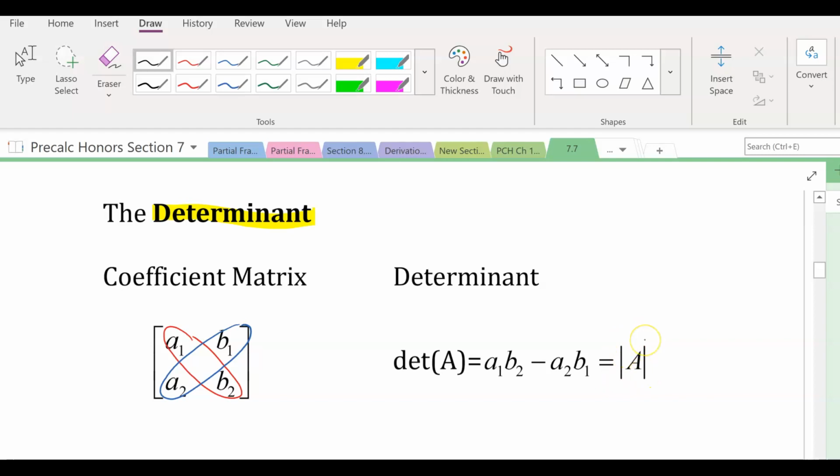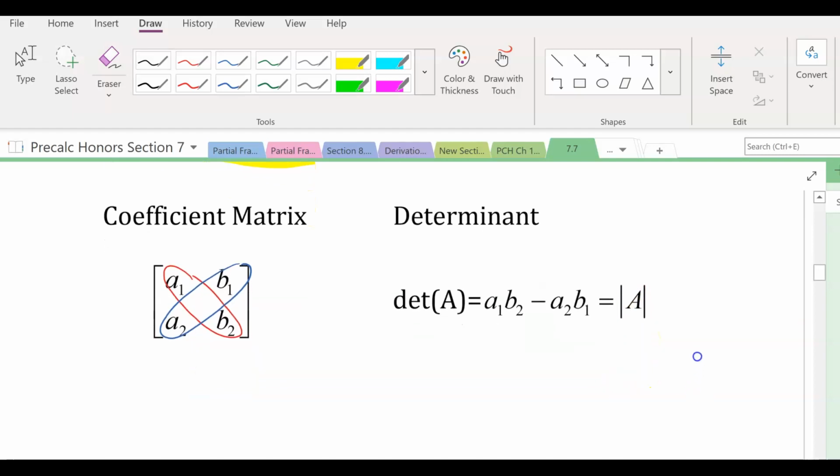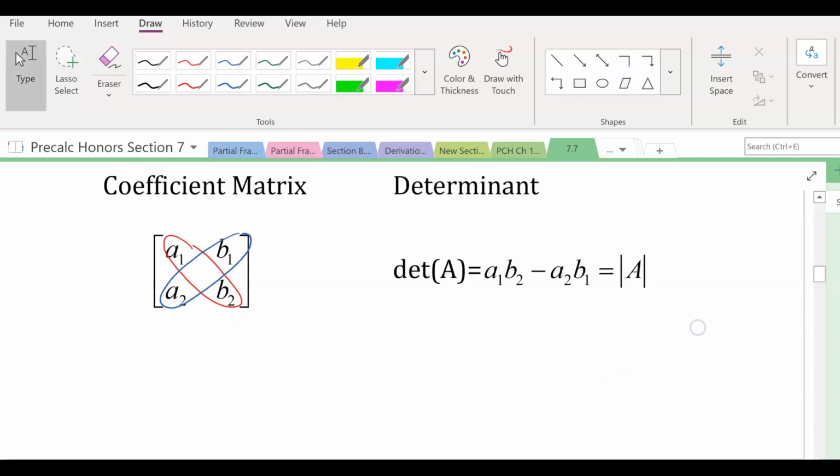And we'll sometimes use these absolute value bars to show the determinant, so you just need to know from the context of the problem. So sometimes you'll see it as the determinant of A is equal to, and then instead of putting the matrix brackets here, we just put the absolute value bars, and then we'll do A1, B1, A2, B2.